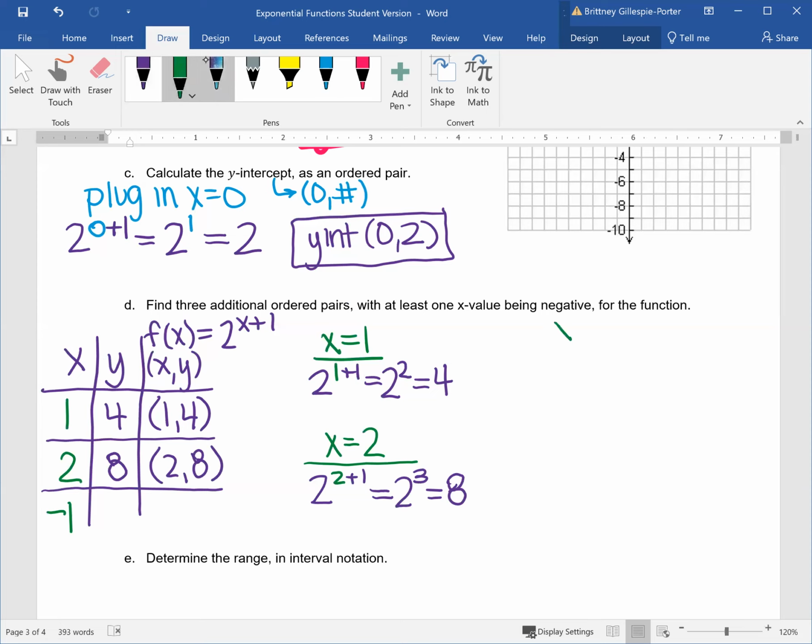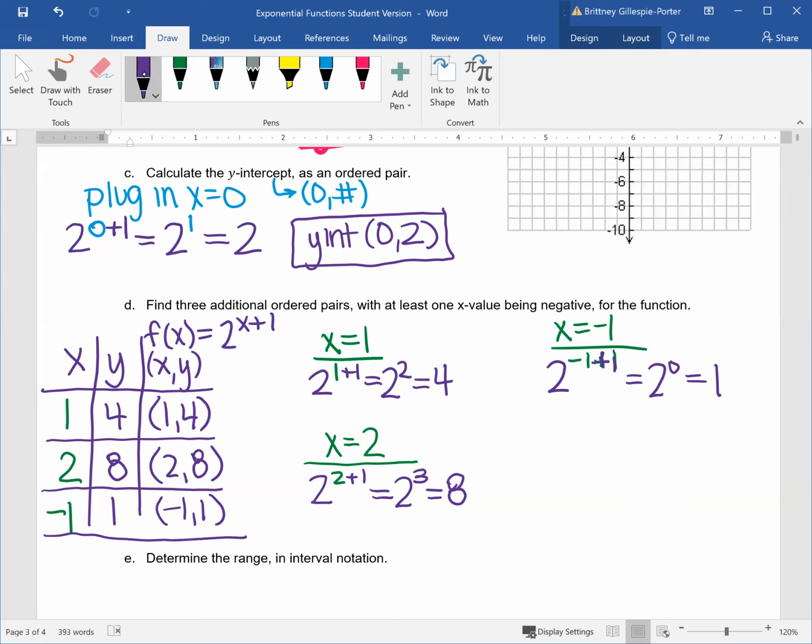And then the last one, we have x equal -1. Plugging in, we'll have 2 to the -1 plus 1, which gets us 2 to the 0, which gets us 1. So our ordered pair is -1, 1. And just to prove a point, I'm going to have one more example.